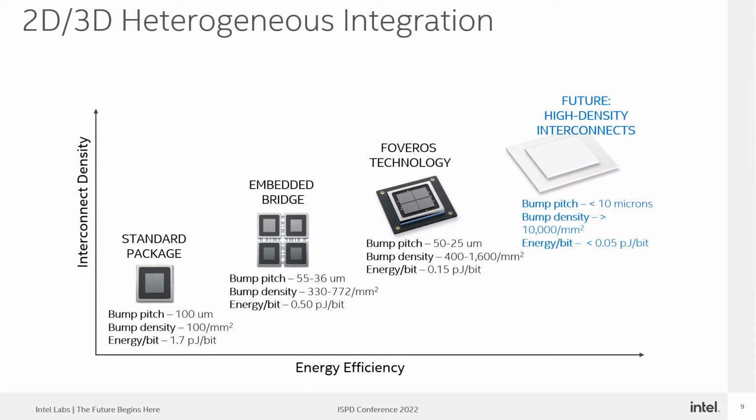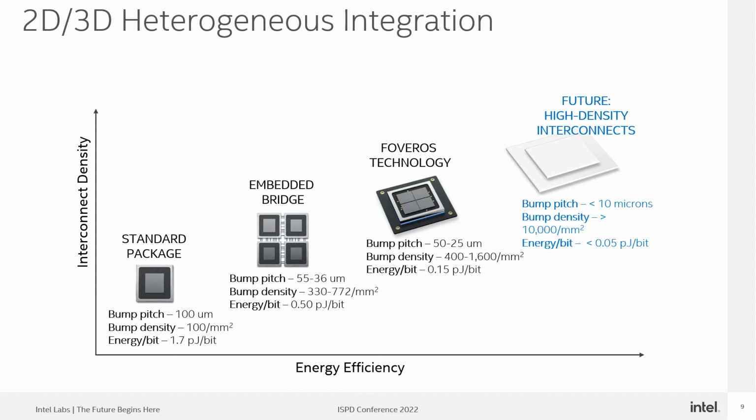So we started looking into 2.5D 3D integration. If we plot interconnect density versus energy efficiency, there is standard packaging, embedded multi-die bridge, EMIB, Foveros, which is 3D, and future high density interconnect. We are going from only about 100 bump density per millimeter square to 10,000 per millimeter square with a very low energy per bit, 0.05 picojoules per bit.